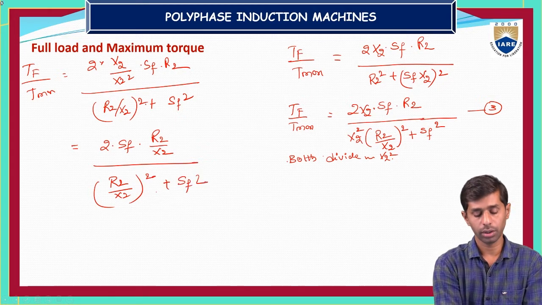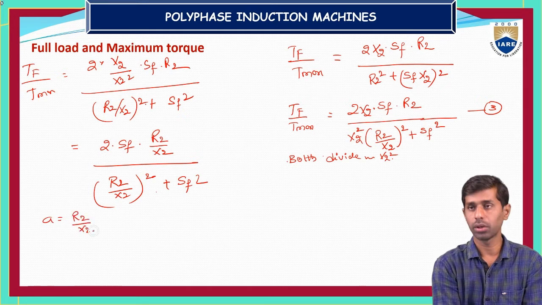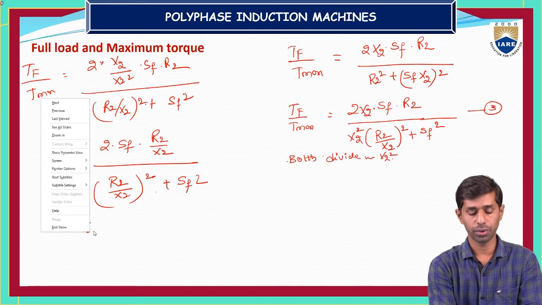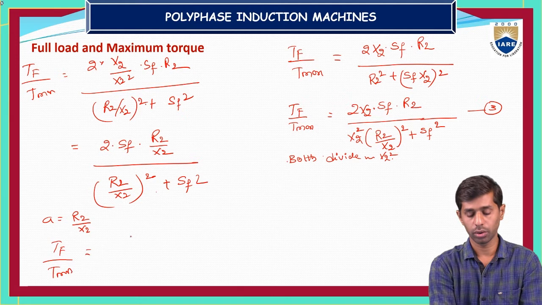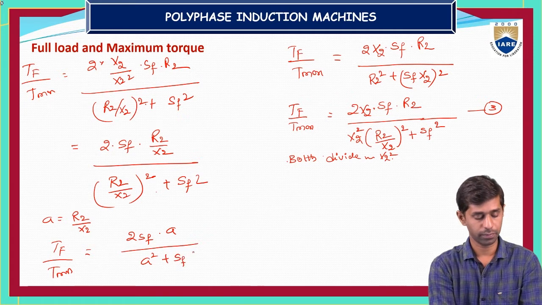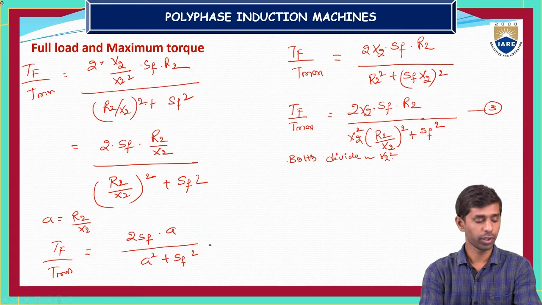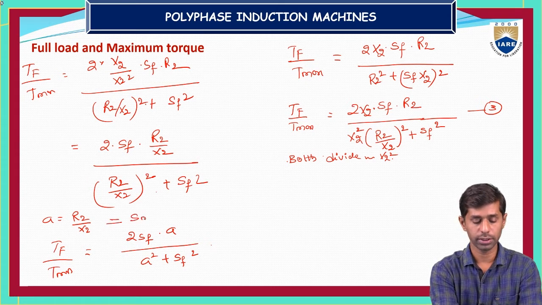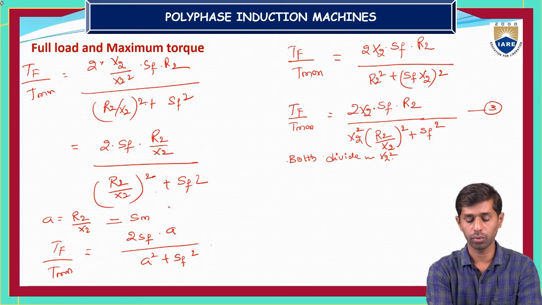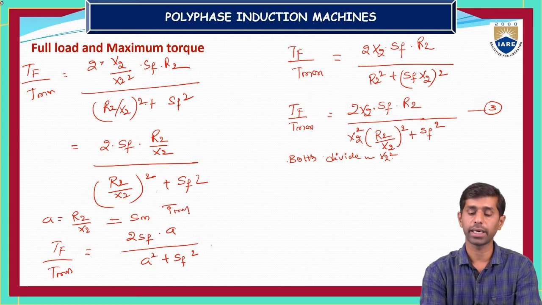Let us assume A equal to R2 by X2. Simply substituting A equal to R2 by X2 in the expression, TF by T maximum equals 2 SF, the slip at full load condition, into A by A square plus SF square, where A equal to R2 by X2 is equal to the slip maximum corresponding to maximum torque T maximum.